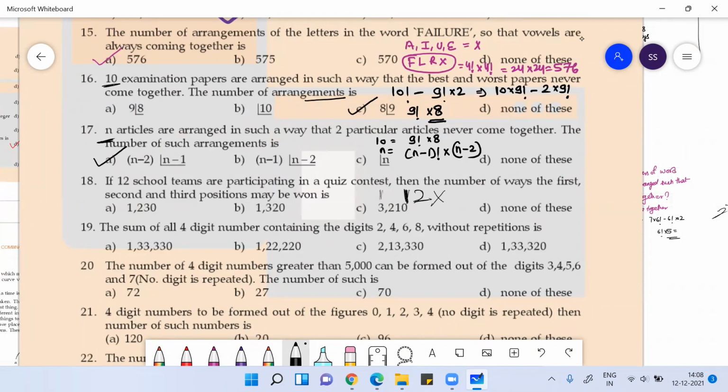Now one team got the first position. Now the second position can be got by any of the remaining 11 teams, and the third position by any of the remaining 10 teams. So your answer is 1320.